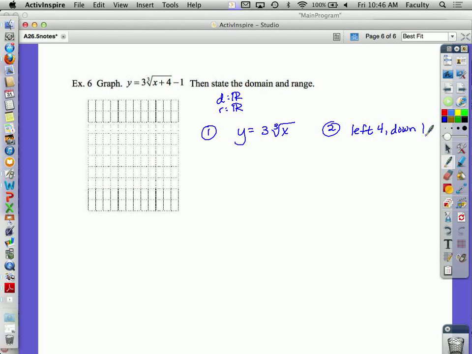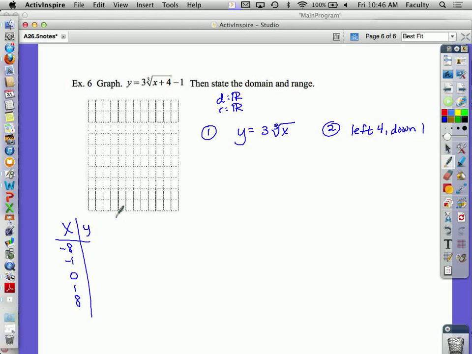Now, for those of you that would like to try a more advanced method, here's how you can do it with one graph instead of doing that. What you would need to do is you recognize that you have a cube root, and I personally do it this other way. I don't do it the way our book shows. Here's what I do. I know that a cube root has -8 to 8.